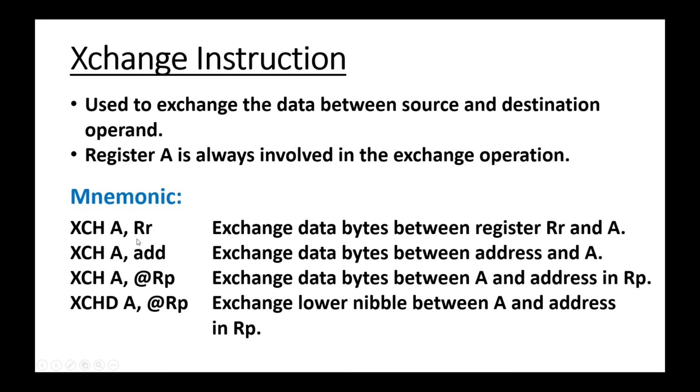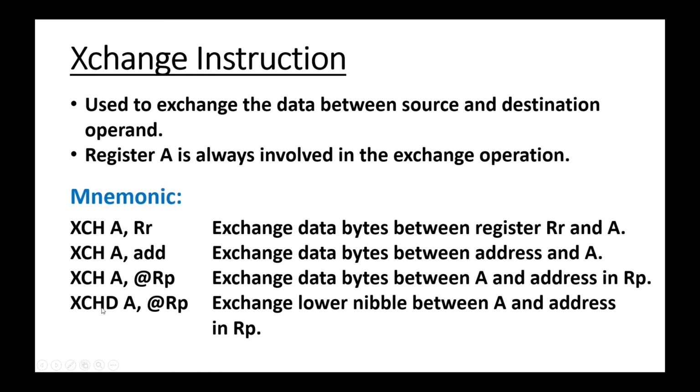First instruction, XCH A, Rn, exchanges data bytes between register Rn and A. XCH A, direct address, exchanges data bytes between the direct address, which is given in the instruction, and the accumulator. XCH A, @Ri, register pointer, exchanges the 8-bit data between A and the data in the address which is given by the pointer register.